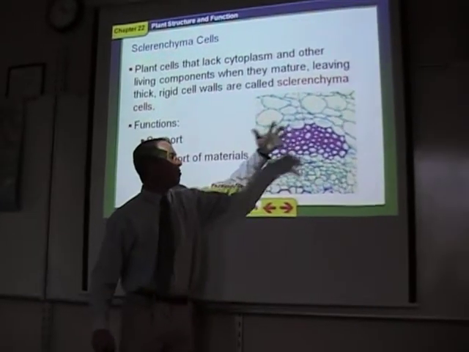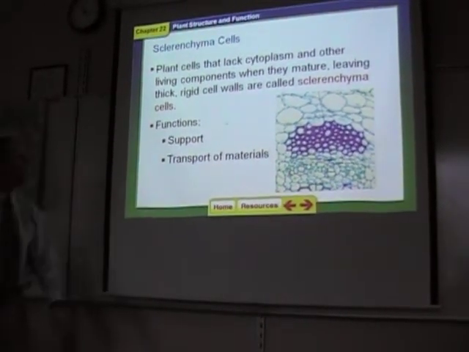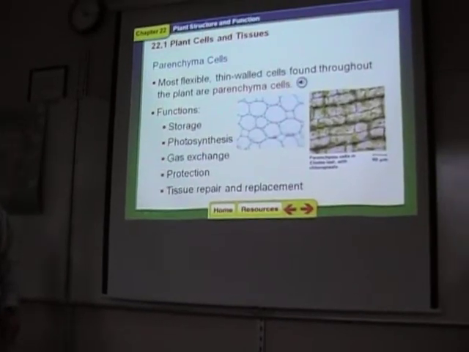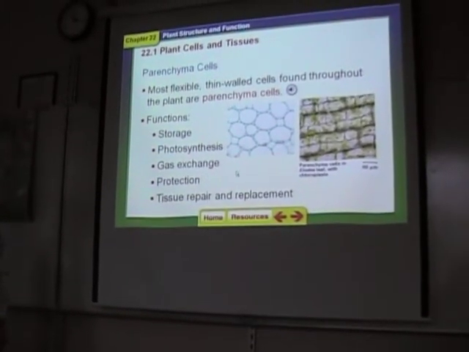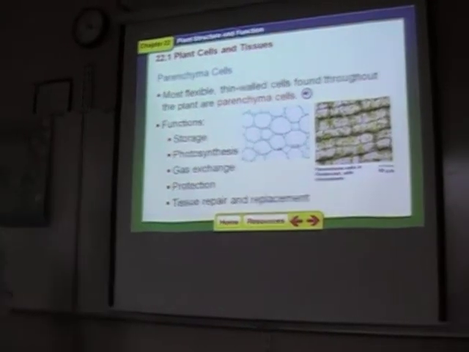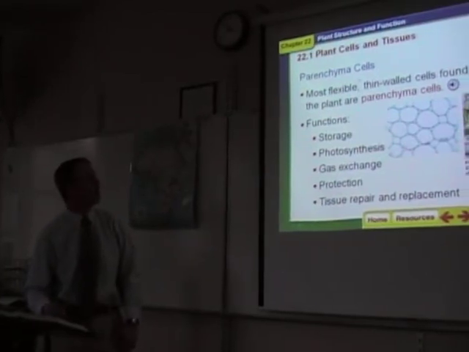These dead cells can help form hollow tubes for transport. So basically, these three types of cells, parenchyma, collenchyma, sclerenchyma, vary in the thickness of their cell walls and how tough they are. Sclerenchyma is the toughest, parenchyma is just normal.